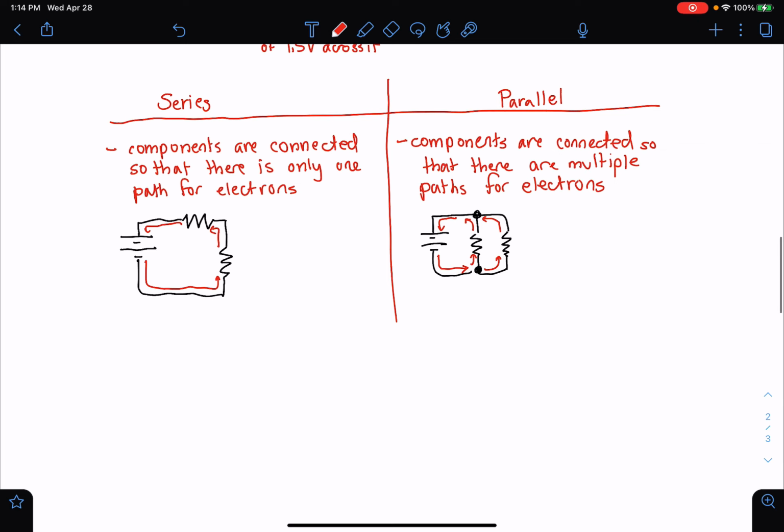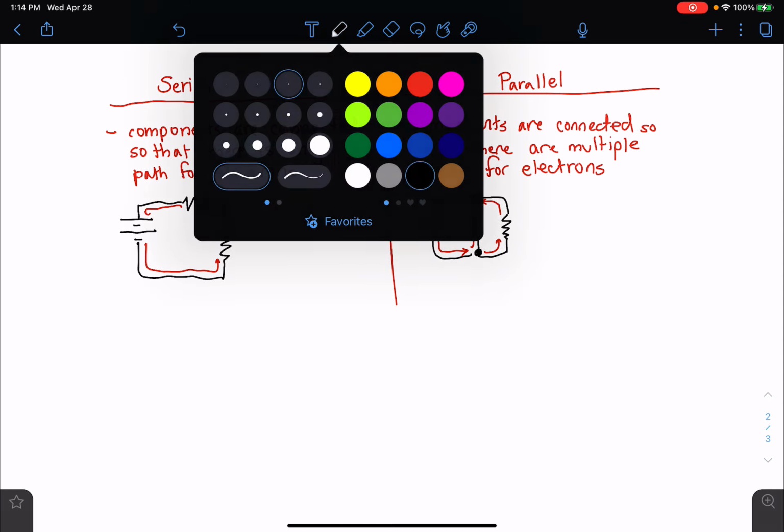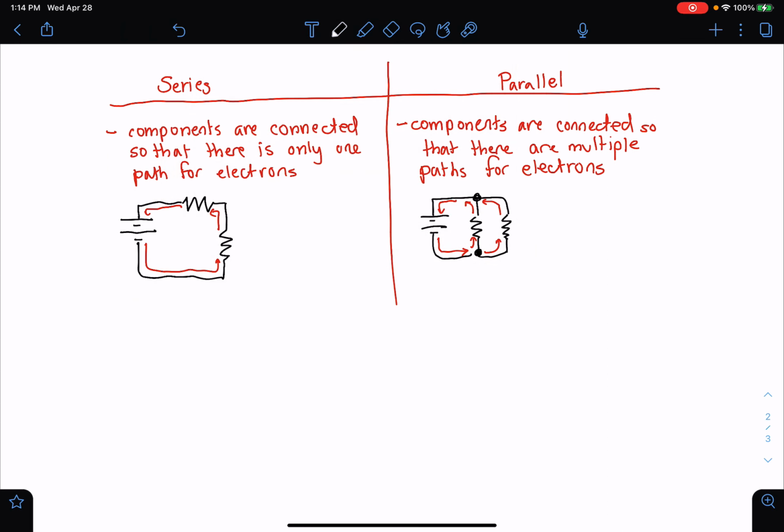All right, well, let's talk about some of the different characteristics of series and parallel circuits. So first off, if you are talking about a series circuit, because there's only one path for the electrons to follow, when you're looking at the total current, it is going to be the same at the beginning at the battery as it is in each of the resistors.